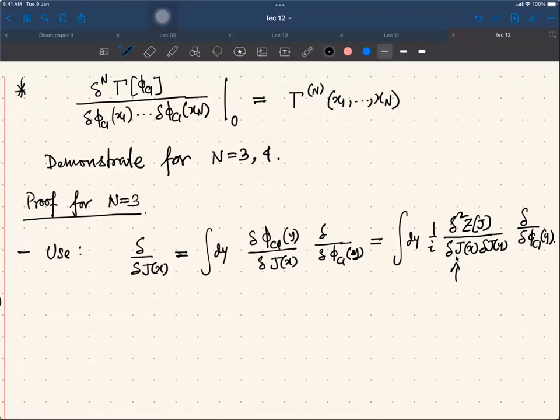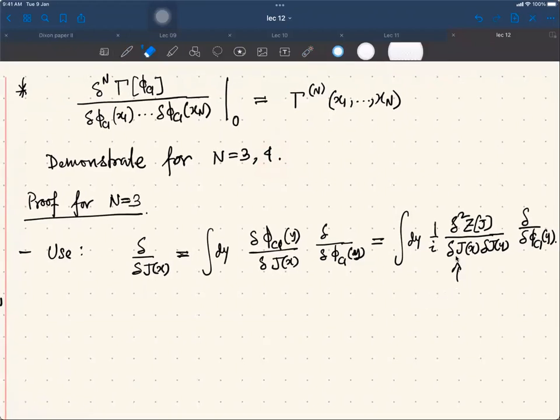This is at j equal to 0. This is same as Gc2 x comma x minus y at j equal to 0.